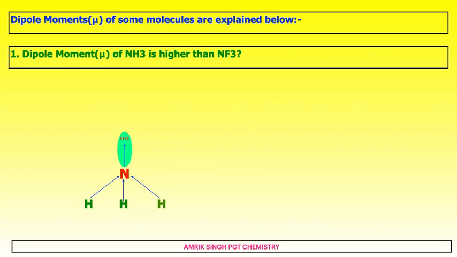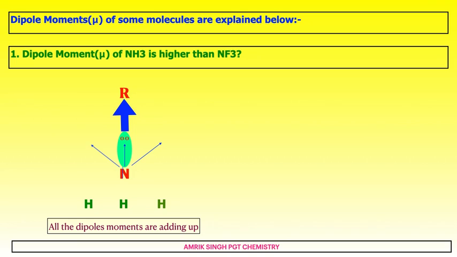The three dipoles are hydrogen to nitrogen and one dipole is nitrogen to lone pair. In this way we get the whole resultant in the upper side, and all the dipole moments are adding up, so the resultant is more.